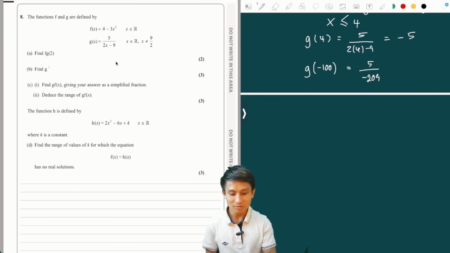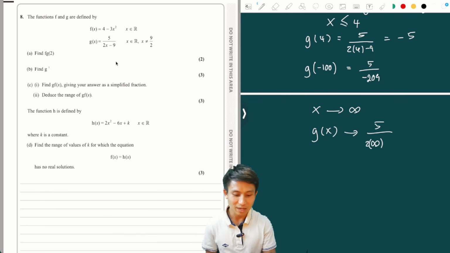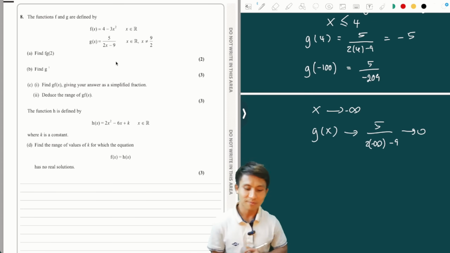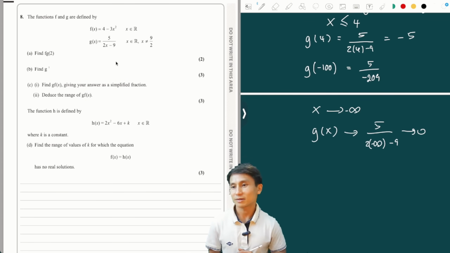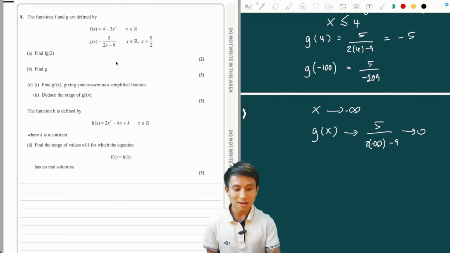So if we make x tend to negative infinity in g(x), g(x) will tend to 5 divided by 2 times some large negative number, so that's going to make it tend to 0, right? Because 5 divided by some large negative number will tend to 0. So I'm just saying that is the range.